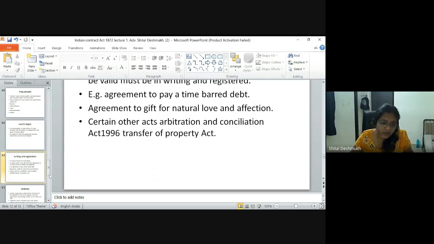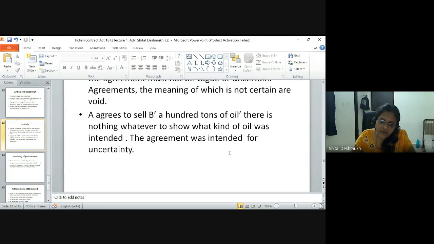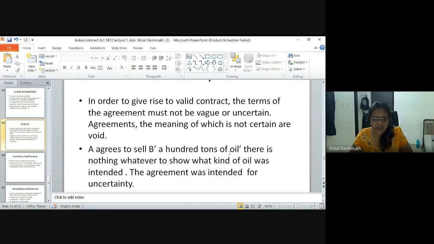Now we have the most important element, which is certainty. Certainty means that an agreement whose meaning is not certain is void. In order to give rise to a valid contract, the terms of the agreement must not be vague, must not be uncertain, and must not create any kind of confusion.